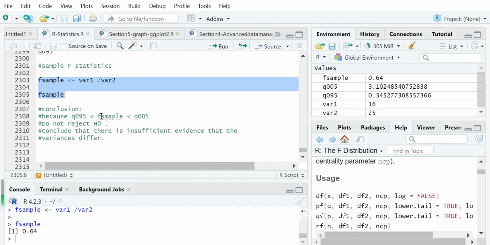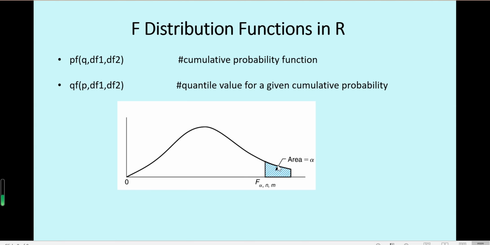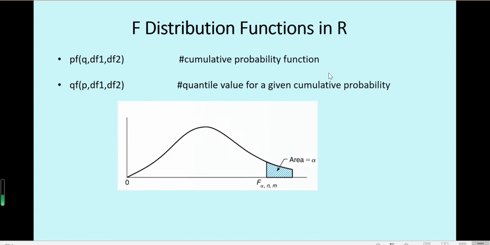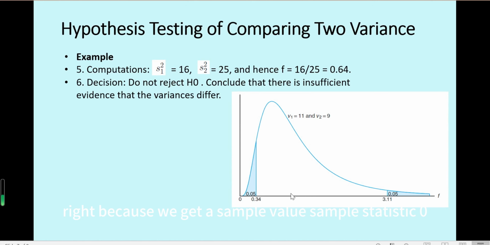If the sample statistic is larger than this value or less than this value, we will reject the null hypothesis. Right, because we get a sample statistic 0.64 almost here, between these two critical values.